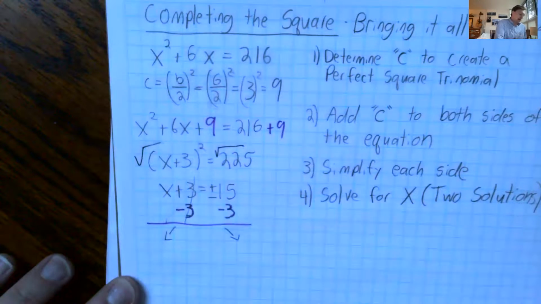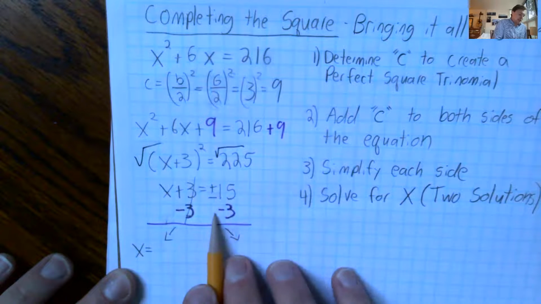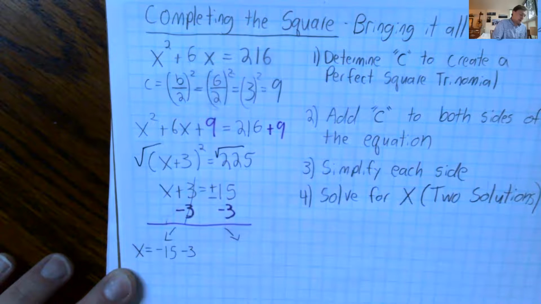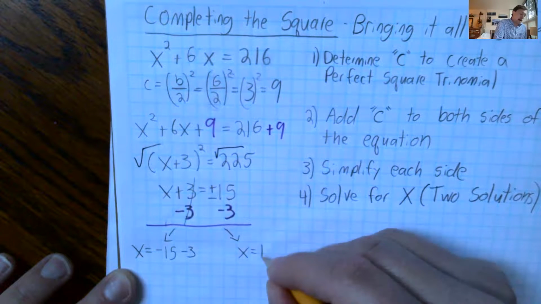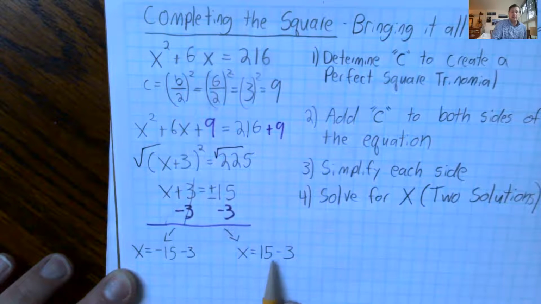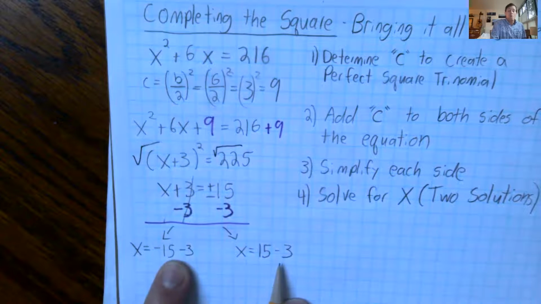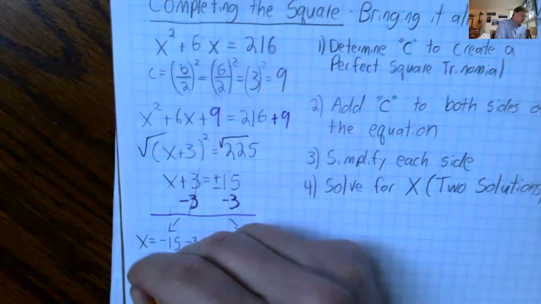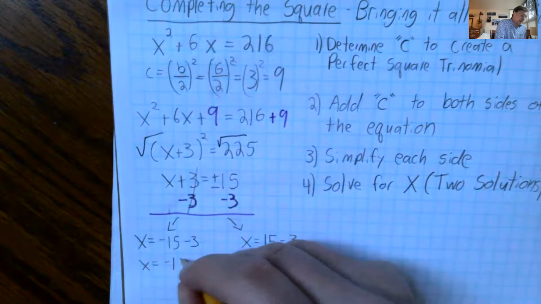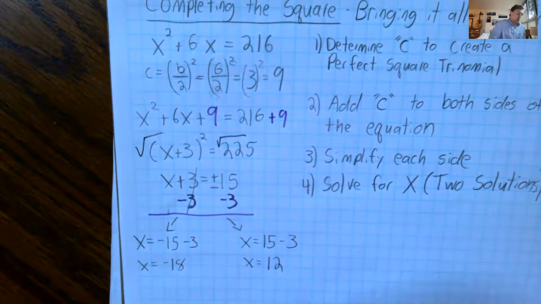So my 3's dropped out, and I'm left with x equals, I'm going to start with negative 15 minus 3, and x equals positive 15 minus 3. As long as you've got the negative 15 and the positive 15, it doesn't matter which order, but you are taking 3 away from each of those situations. So now I've got x equals negative 15 minus 3, that's negative 18. And 15 minus 3, that is 12.